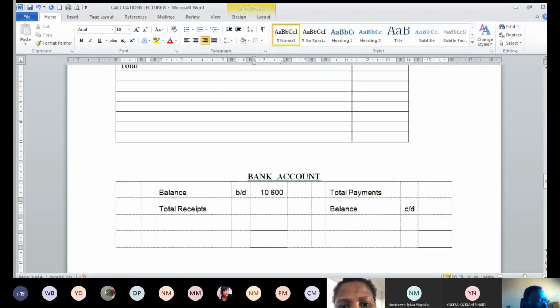That is your opening balance on the 1st of January. Remember, the balance on the 31st of December is given to you, but that is also the balance on the 1st of January, which is the balance on the first day of the next month.